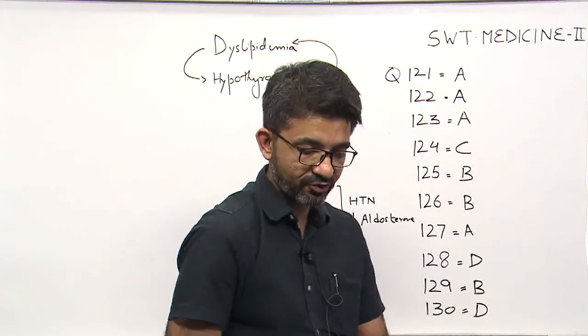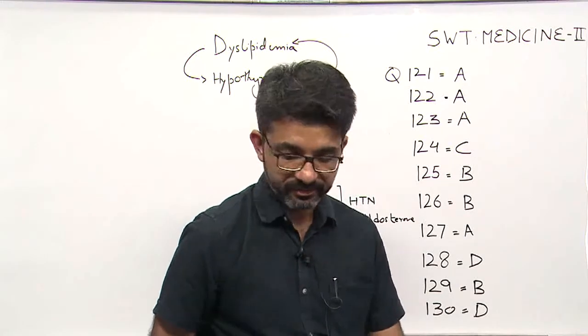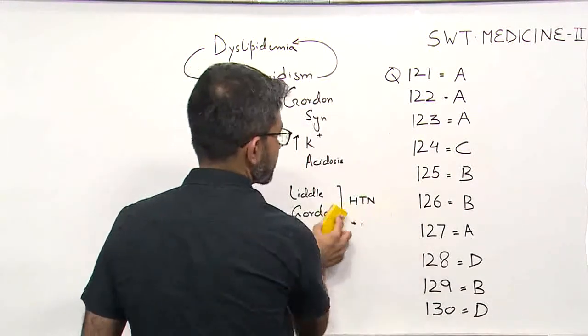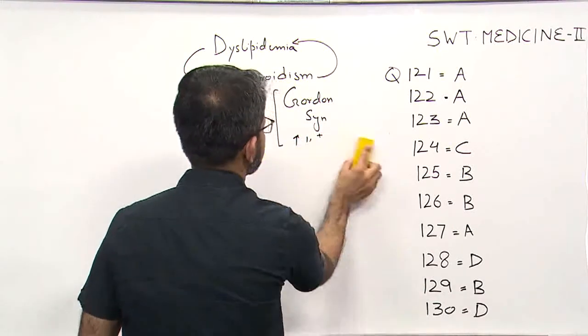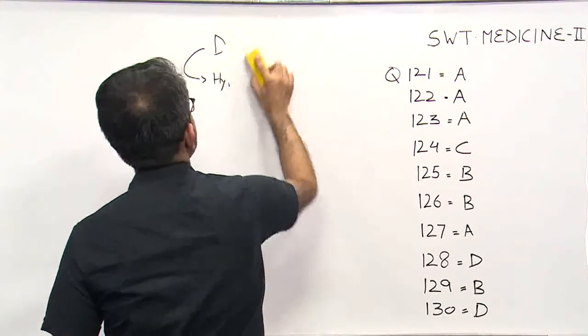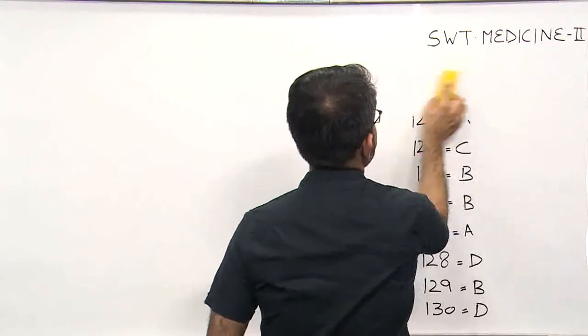The treatment of choice is removal of excess iron by chelation, and obviously you require supportive treatment. Say for example, if they have cardiac failure, you treat cardiac failure. They have diabetes, you treat diabetes. You have hypogonadism, you treat hypogonadism.